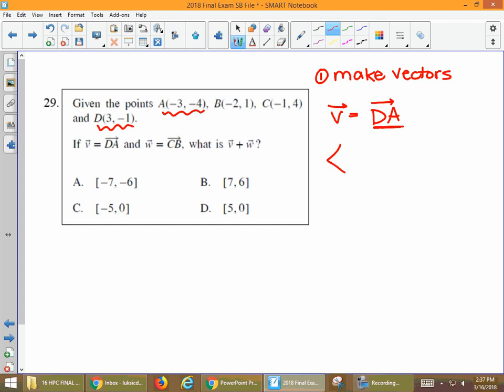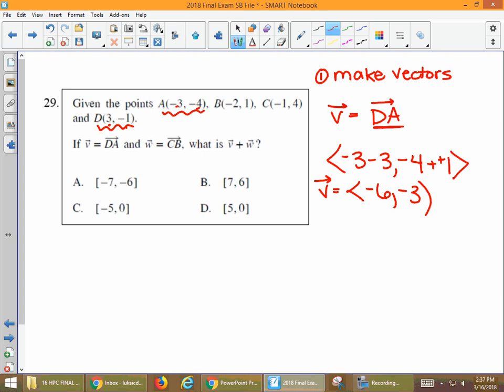So my horizontal component is going to be negative 3 minus 3. And my vertical component is going to be negative 4 minus negative 1. And this is just finding that vector. So that is vector v.